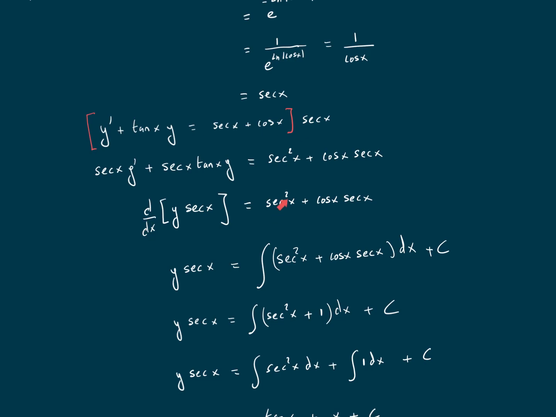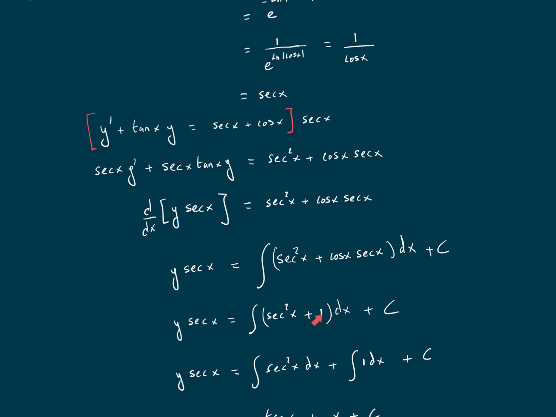So we now integrate both sides of the equation. We have y secant x equal to the integral of secant squared of x plus cosine of x secant x dx, plus c. Cosine of x multiplied by secant x is 1, because secant x is 1 divided by cosine.